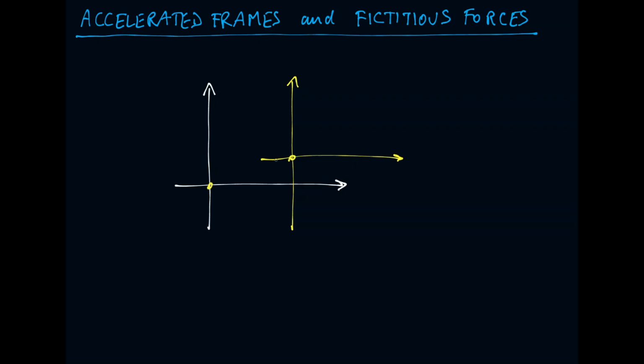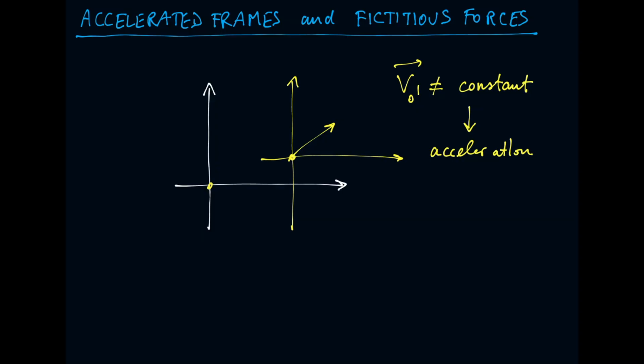So if, for example, the velocity of the origin, let's say v of O prime, is not a constant, then for sure you will have an acceleration.